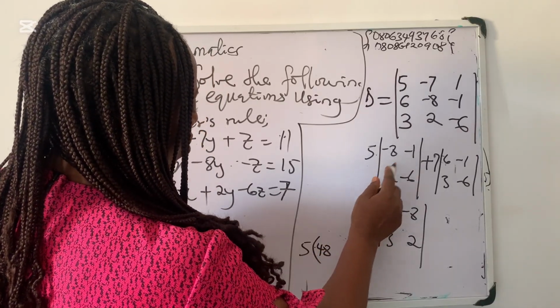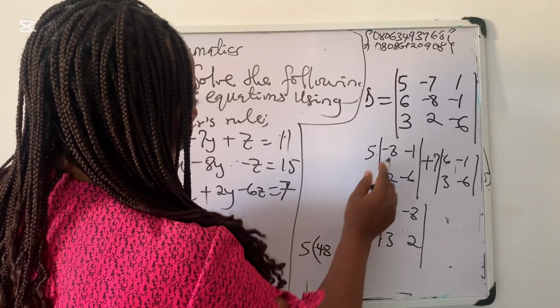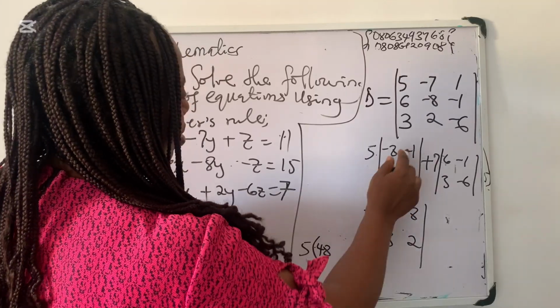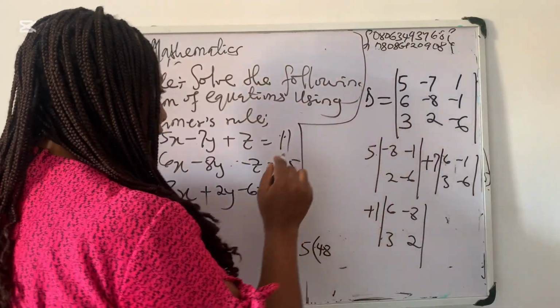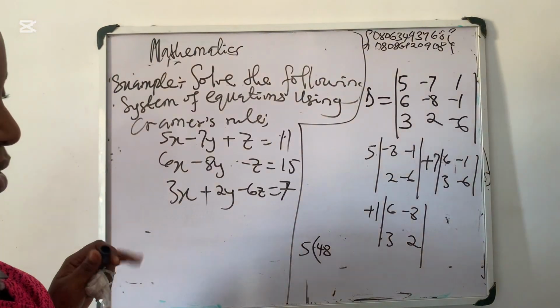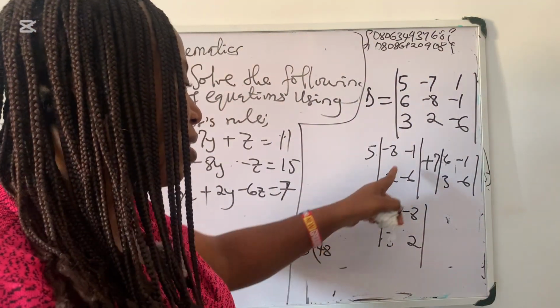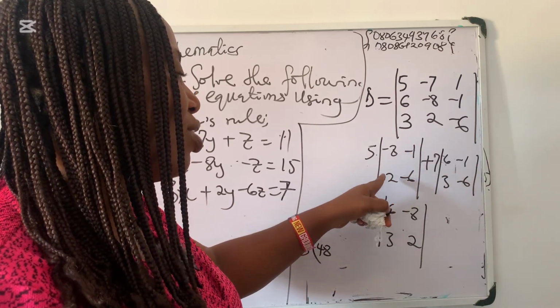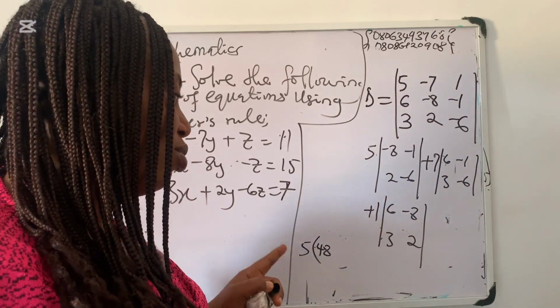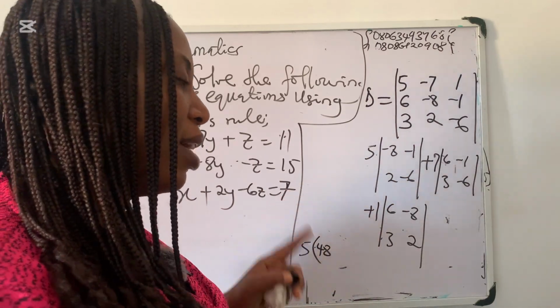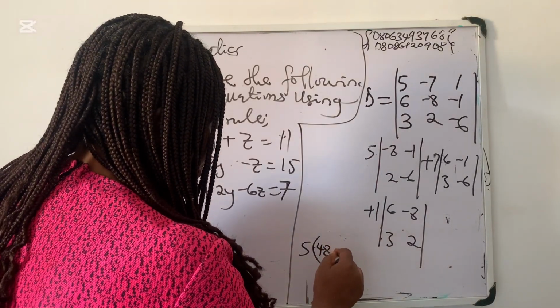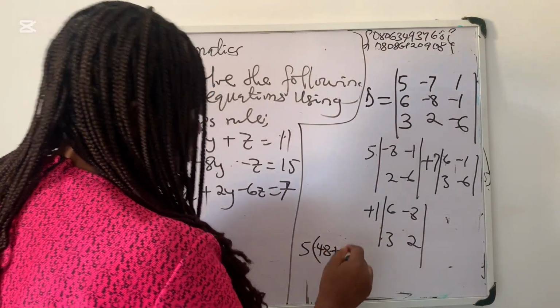Now minus. Remember, there is an already existing minus in between. So here is going to be plus, because minus 1 times 2 is minus 2. Now minus times minus is plus 2. Here is plus 2.